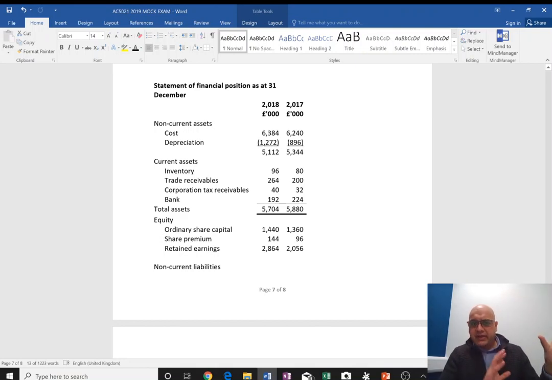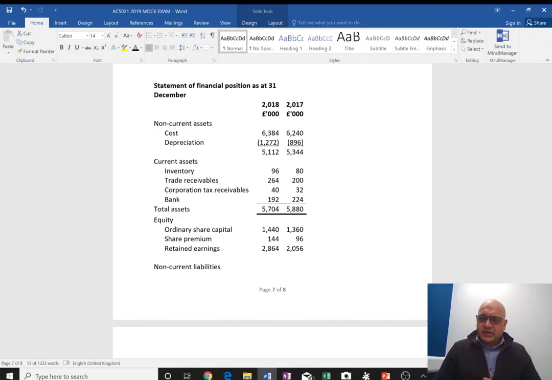You can create a vertical T account for the cost and a vertical T account for accumulated depreciation, and then take the difference that you have found in both accounts. Take away the accumulated depreciation from the difference in the cost, which is going to be the disposal, and the figure that you will get will be the carrying value of the plant that you sold.